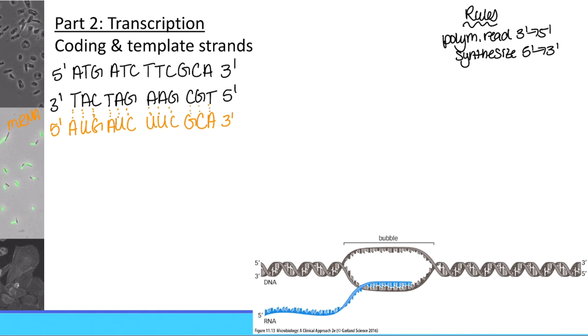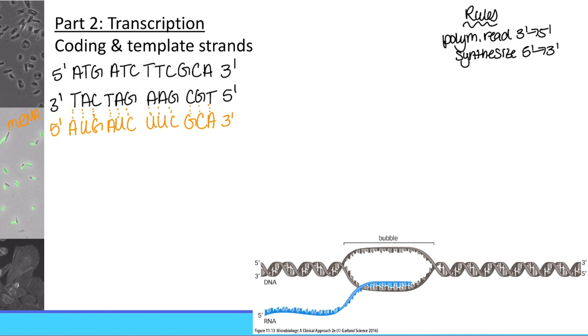We followed all the rules. We read in a 3' to 5' fashion, and we synthesized in a 5' to 3' fashion. So our mRNA is 5' to 3', which is good because that's how our codon table is set up.